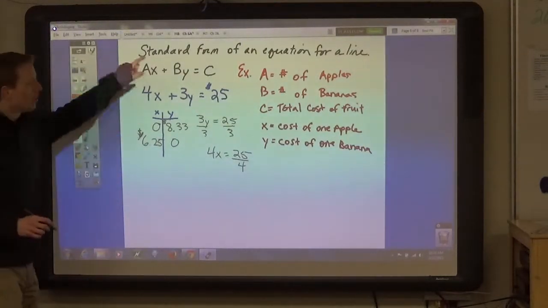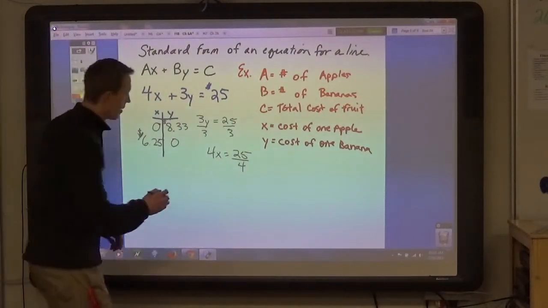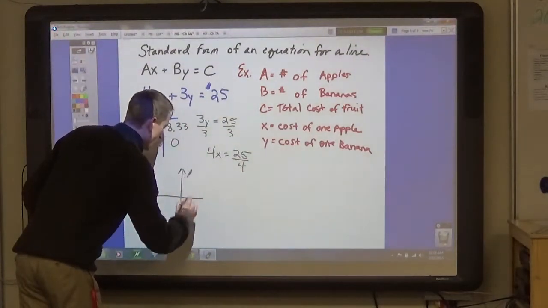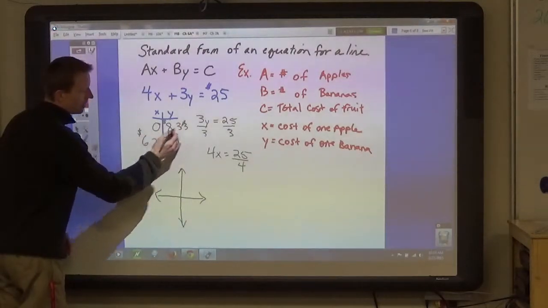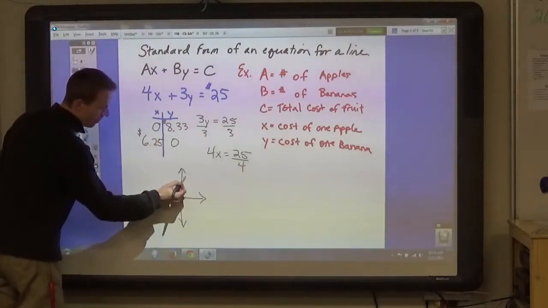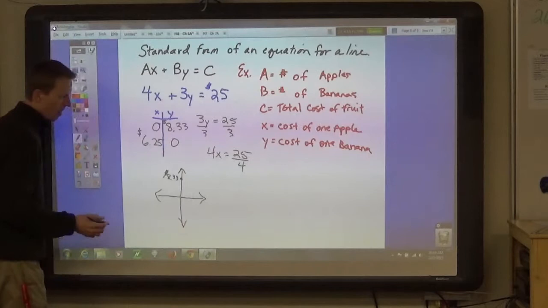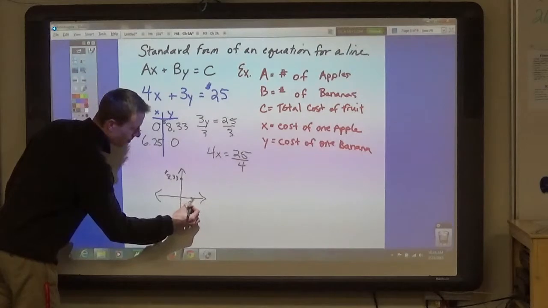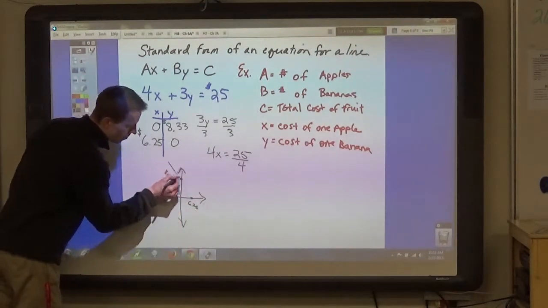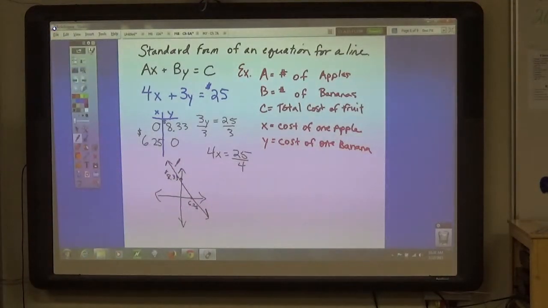So to graph the possibilities, we can graph it by drawing our graph, marking 0, 8.33, and 6.25, 0, and drawing our line. It's pretty simple. Okay?